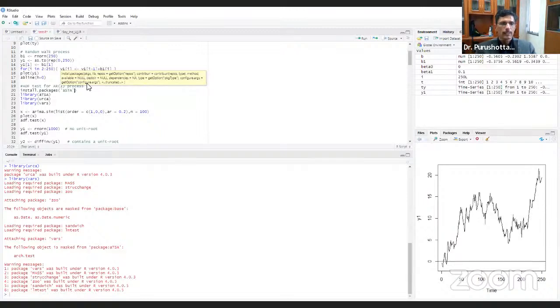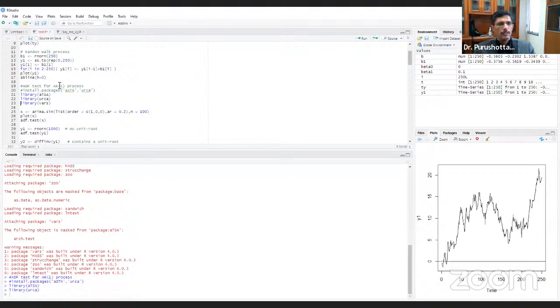Simultaneously you can write whatever number of packages like this. Since I have installed these in my system, I'm not going to install again, but I'm going to call the library.